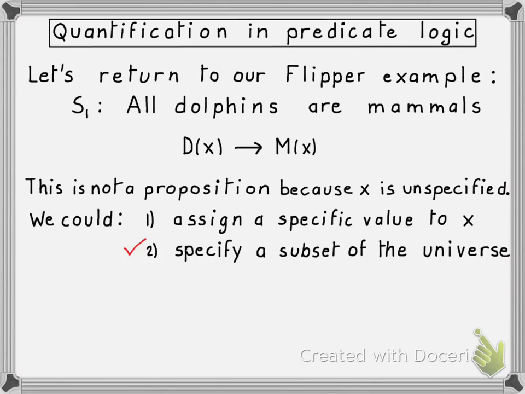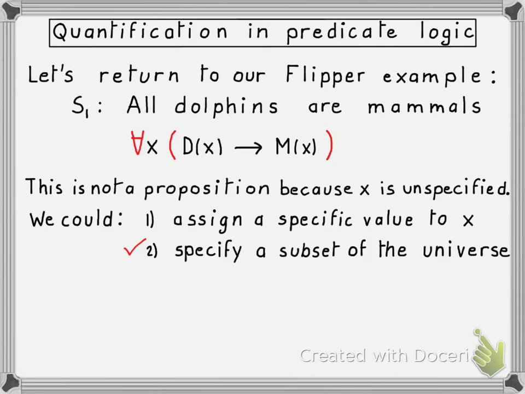In this particular case, we're going to use a new symbol shown here, which is an upside down A, and that symbol is read "for all," and as a result this whole expression now is read as "for all x, D of x implies M of x."